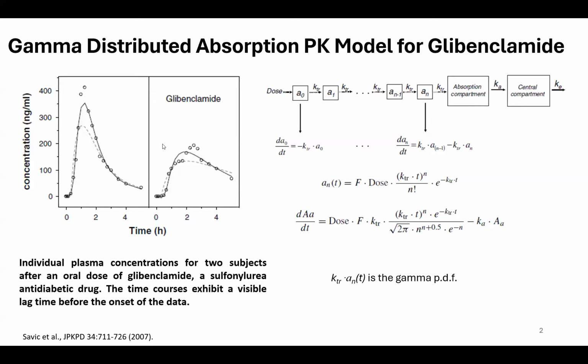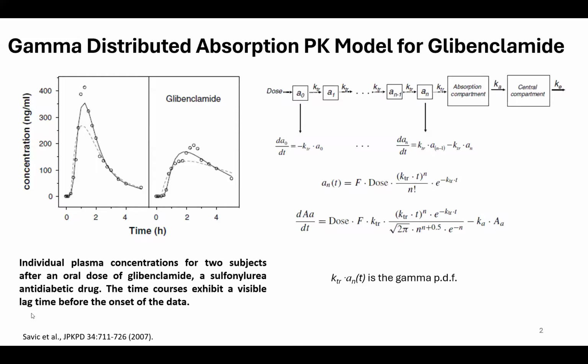You see the data on the left from 2 subjects as symbols, and this data shows a very profound delay or lag time before the onset of the absorption, followed by the elimination. The dotted line was obtained by fitting this data using the classical lag time model, where there was an absorption part, a dosing with a lag time, and the elimination part described by a one compartmental model.